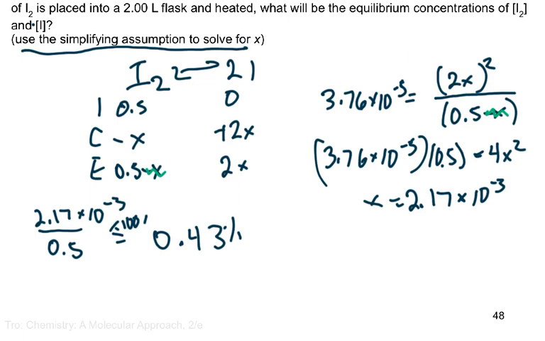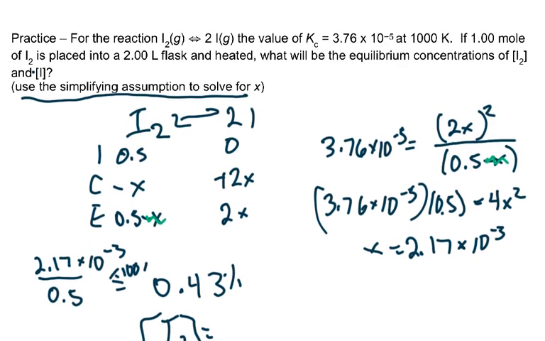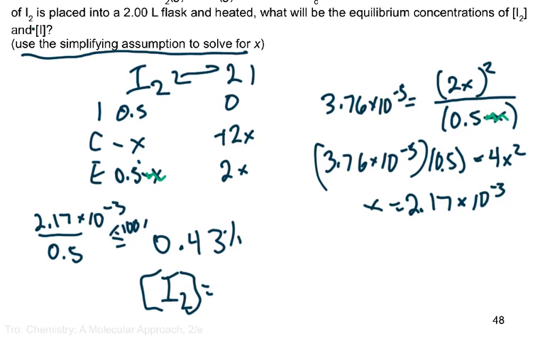And it's asking for the equilibrium concentrations. So my equilibrium concentration of I2 is going to be 0.5, which should be 0.500, minus 2.17 times 10 to the minus 3. I get an answer of 0.4979, or with sig figs it's going to be 0.498.